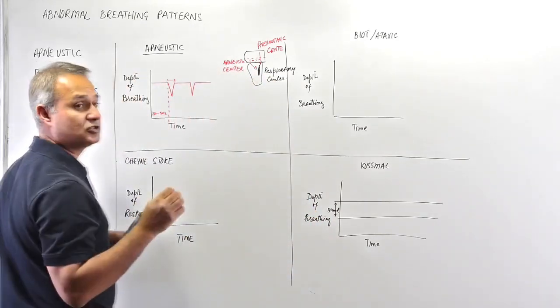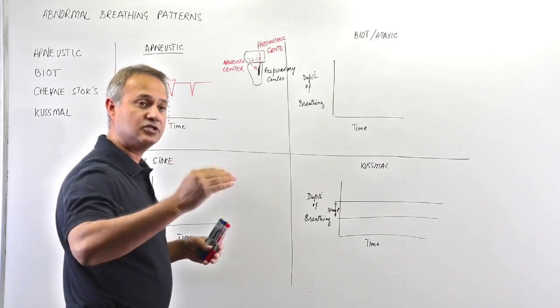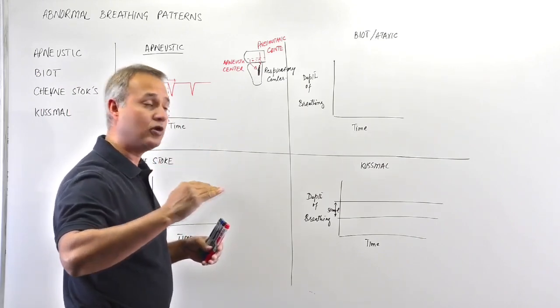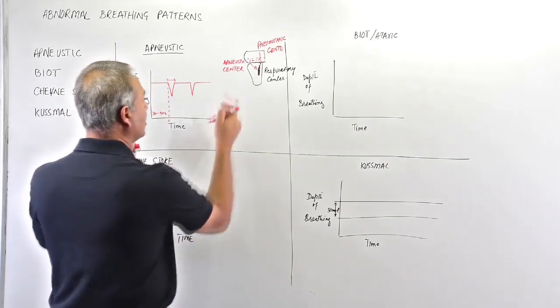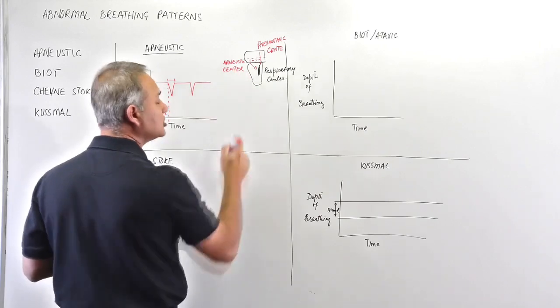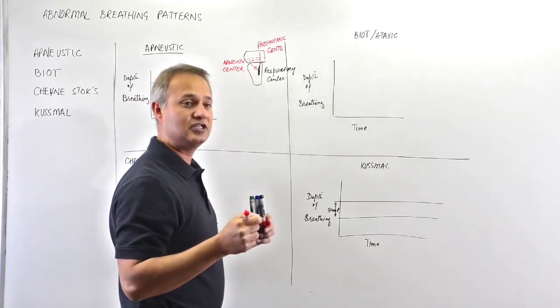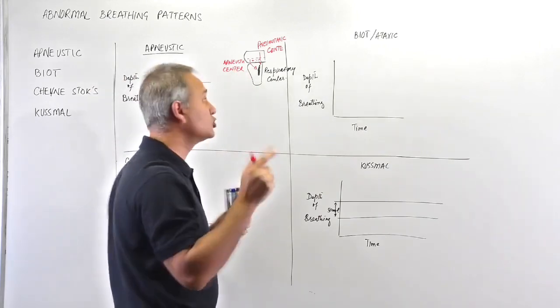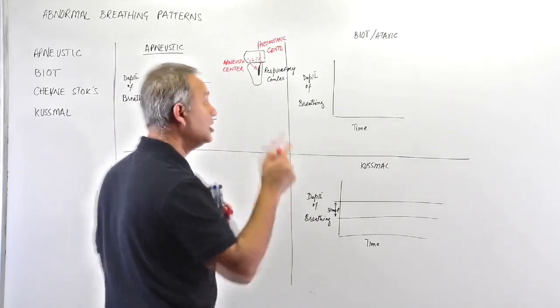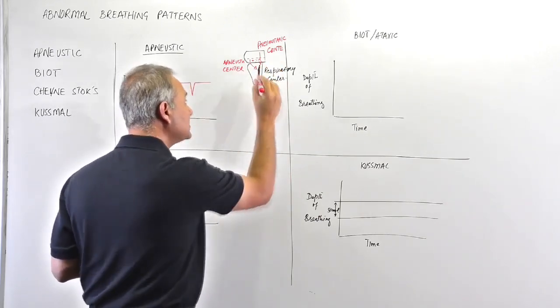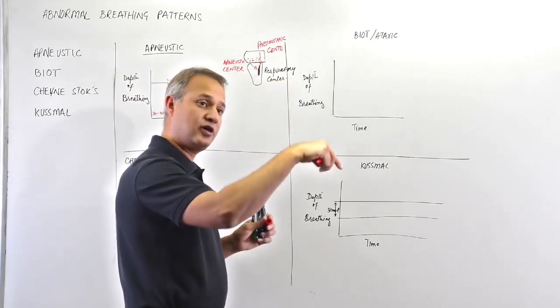It is normally because of damage to the lower part of the pons. Why is that? Because the apneustic center's function is to switch off the pneumotaxic message that switches off the inspiration.